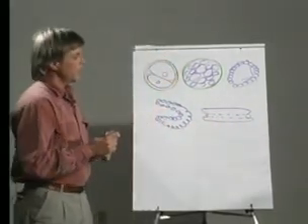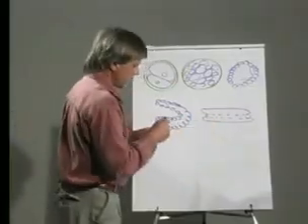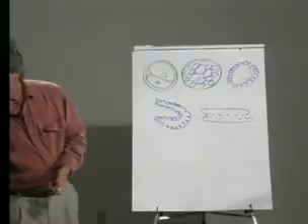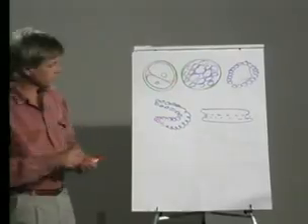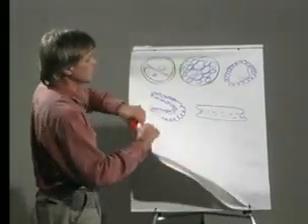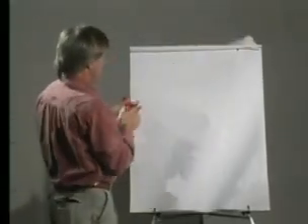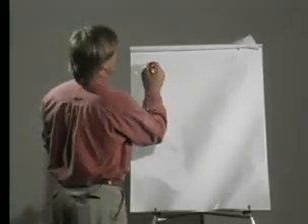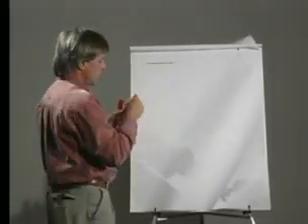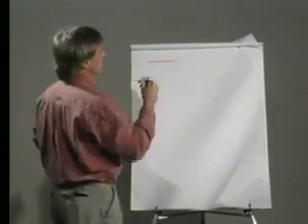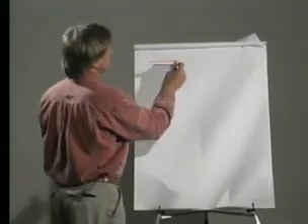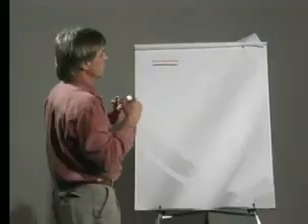Yeah? And what ends up happening here is that we get a triple layer arrangement. A layer on the top, a layer in the middle, and a layer on the bottom.